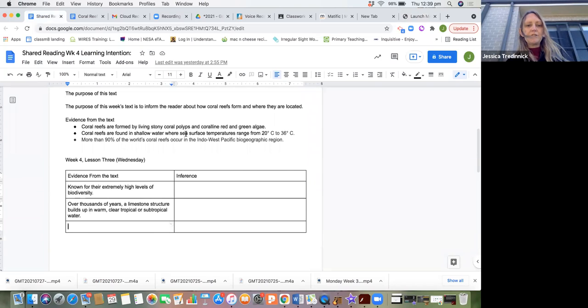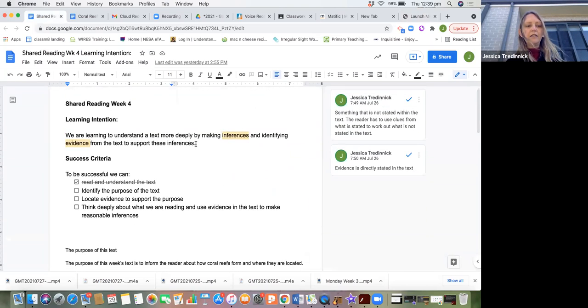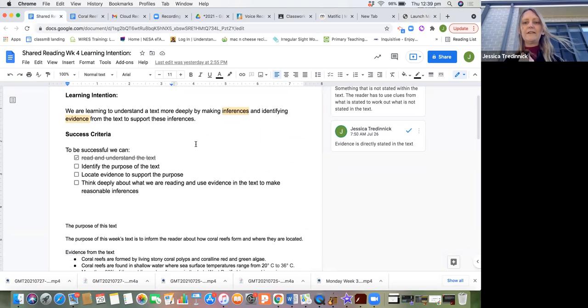I'm going to go to shared reading, our learning intention and our success criteria again. So our learning intention, we are learning to understand a text more deeply by making inferences and identifying evidence from the text to support these inferences. Well, I've actually modified it a little bit. Knowing I saw what you were able to produce last week, and I know this is a really, really tough skill.